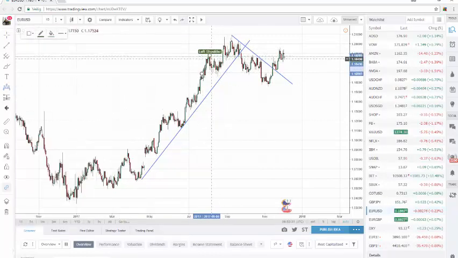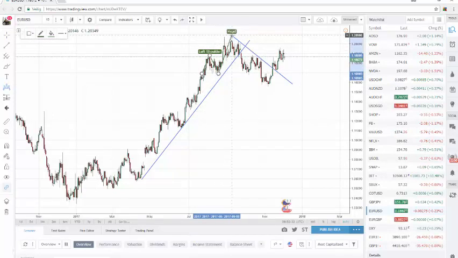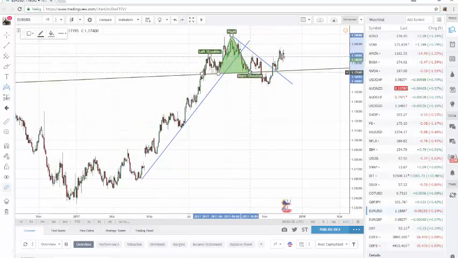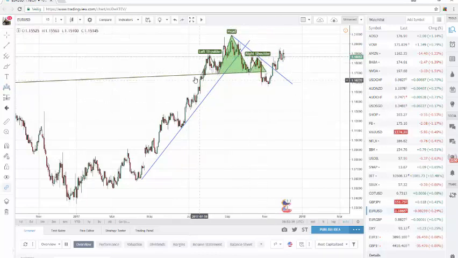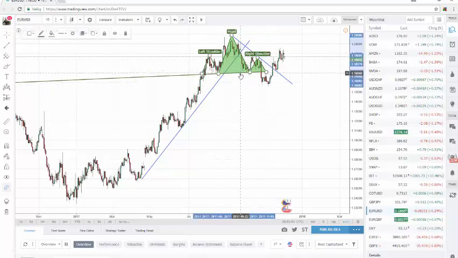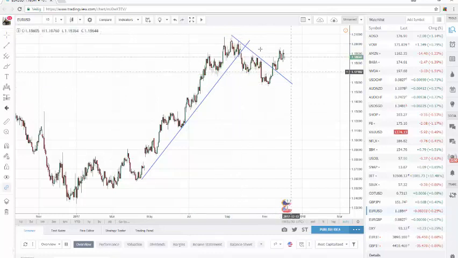This was the first shoulder, this was the actual head, then we got a second shoulder around here and a neckline. So by the break of this classic pattern we even moved lower, but this seems to be support for now at the 115.5. So this is not in play anymore because we have been breaking this trend line.